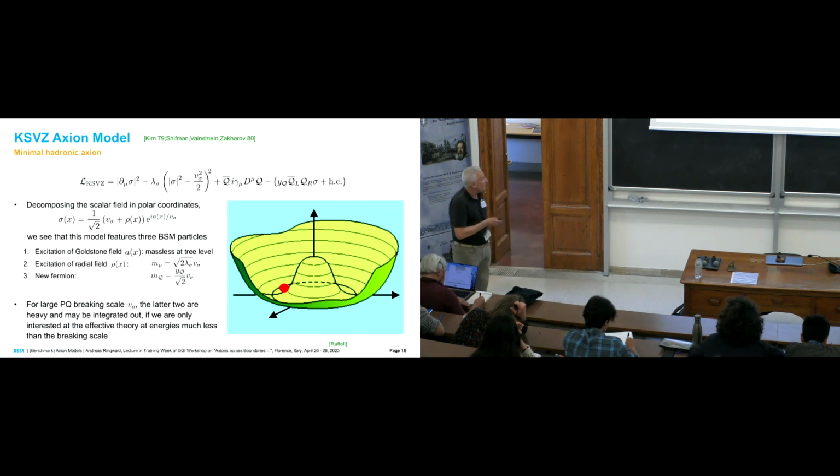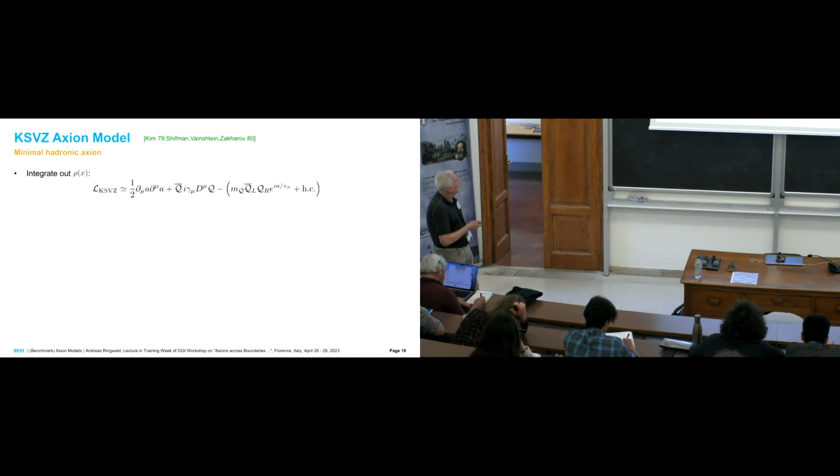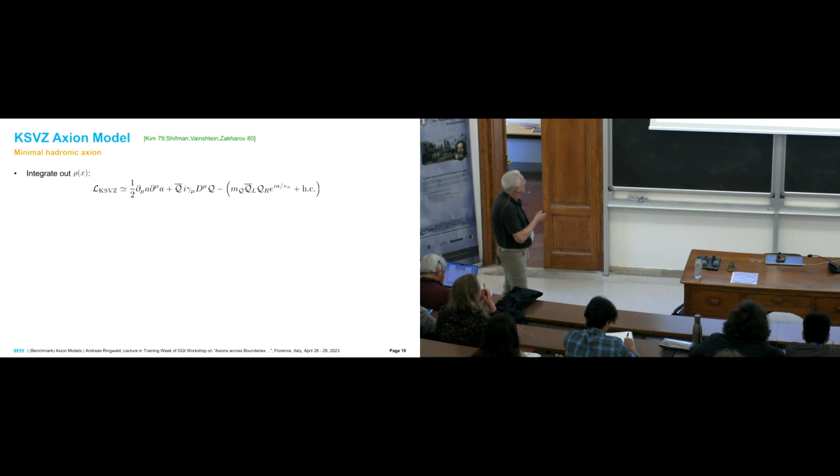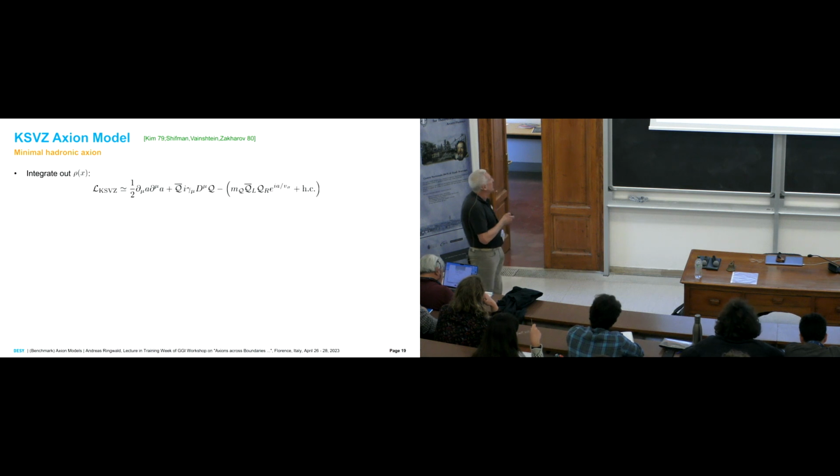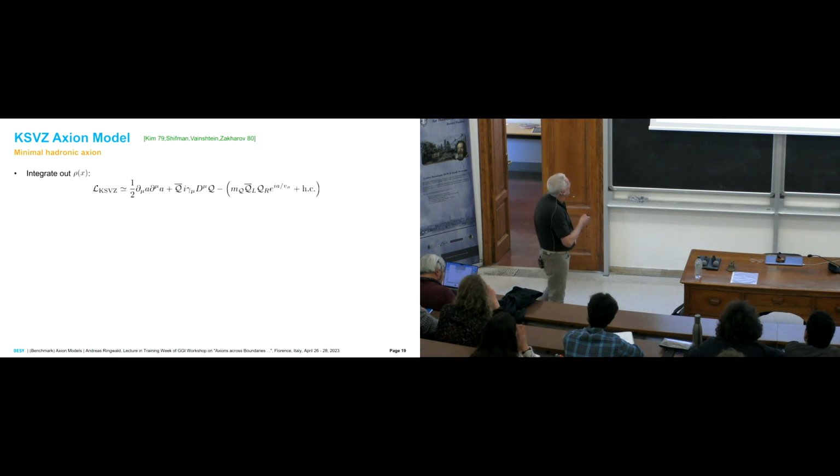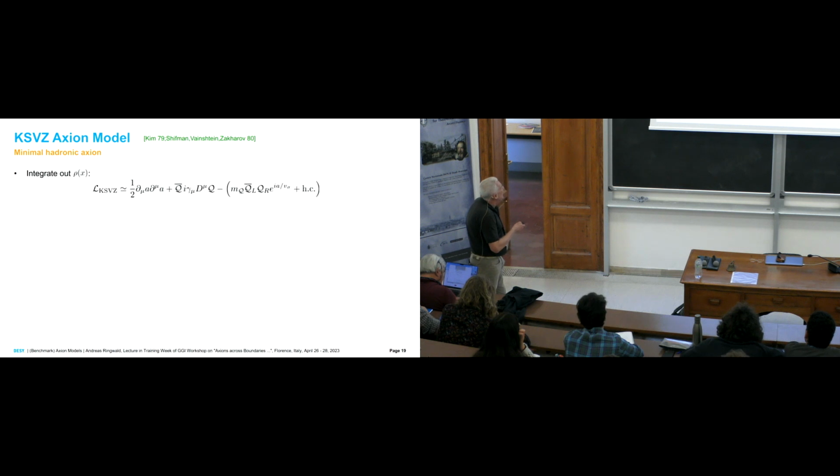Now, what happens if we integrate out? If we integrate out rho, we are left with the gauge kinetic term of the axion field, and still with this exotic quark kinetic term and the mass term.